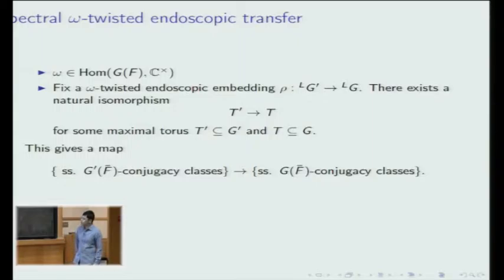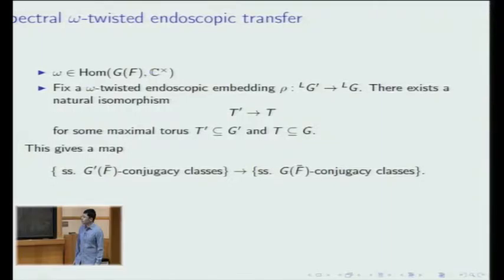You take the semi-simple G prime F bar conjugacy classes, intersect with T prime, and go to T, and that will also give you the F bar conjugacy class inside G. Although this identification between the maximal tori might not be unique, it turns out that this map between the conjugacy classes is unique, and it is determined by the endoscopic embedding rho. In fact, this is a map over F, so you can talk about an F bar conjugacy class defined over F.